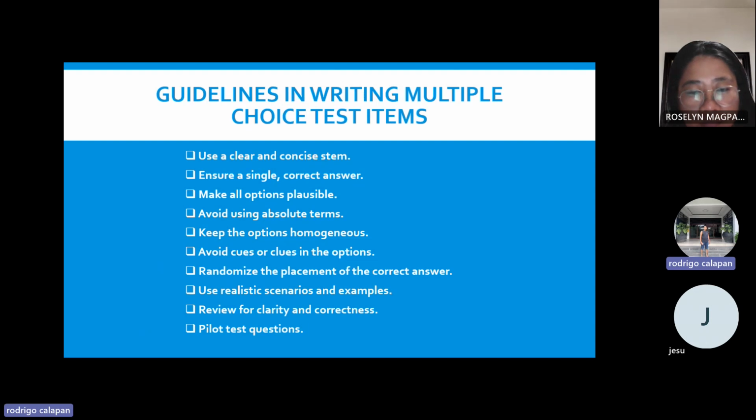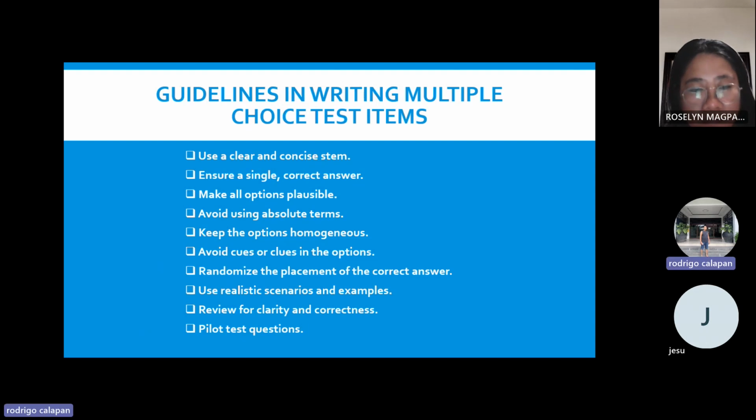It should be written in a way that clearly conveys the question and avoids any unnecessary or confusing information. So write items that reflect only one specific content or cognitive processing skill.